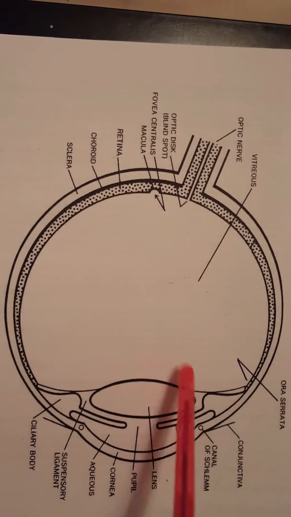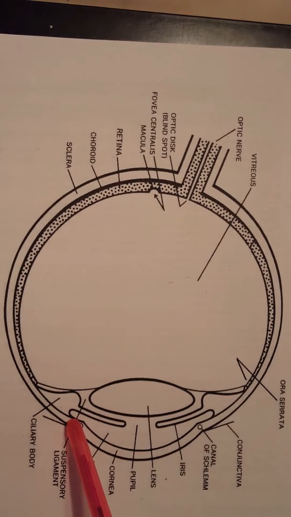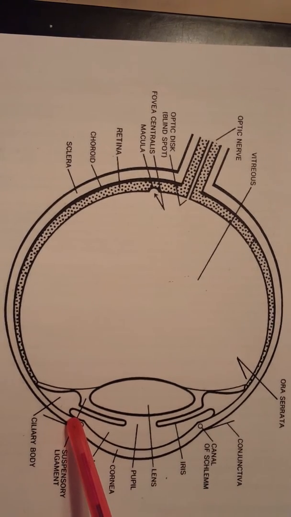Next, we have here the canal of Schlemm. On the inside of the canal nearest to the aqueous humor, it is covered by a trabecular meshwork.